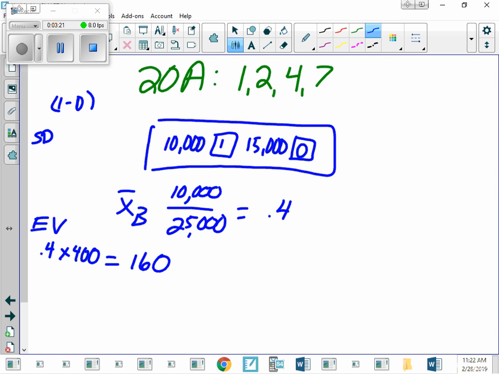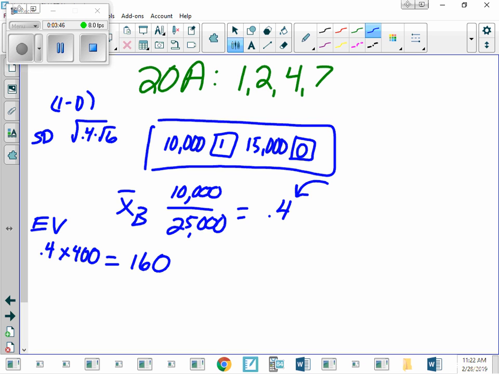But there is an even shorter way, 0.4 and 0.6, right? The average of the box tells me what percentage of the tickets are ones, and the opposite of that is the percentage of tickets for the zeros. So I'm just going to do the square root of 0.4 times 0.6.